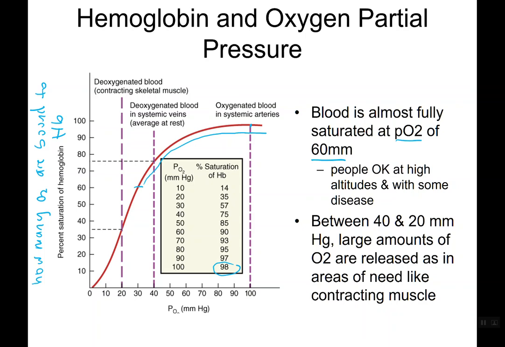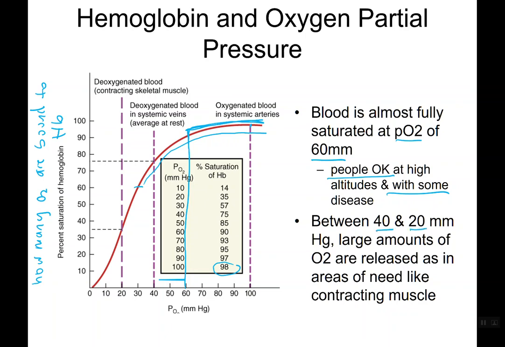So after this line, we get a leveling off of the curve. So this means that people are okay at high altitudes and with some disease, because the part of the curve where this relationship is more exponential and less flat is down here.